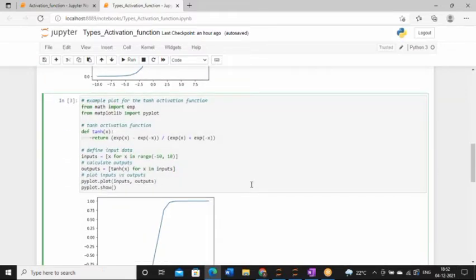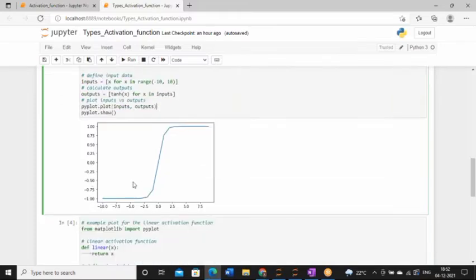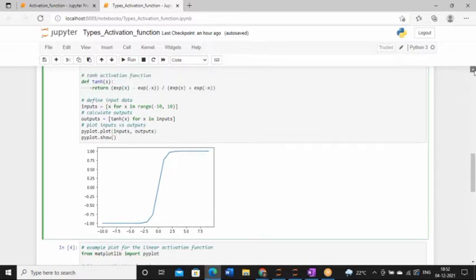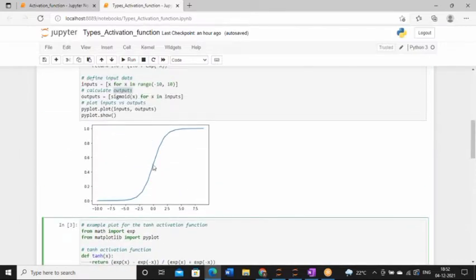That is this one. Now see, the hyperbolic tangent activation function, which is also referred to as the tanh function, is very similar to the previous shape. See, it is also similar to the sigmoid function. The shape of the function is just similar to this one, right?